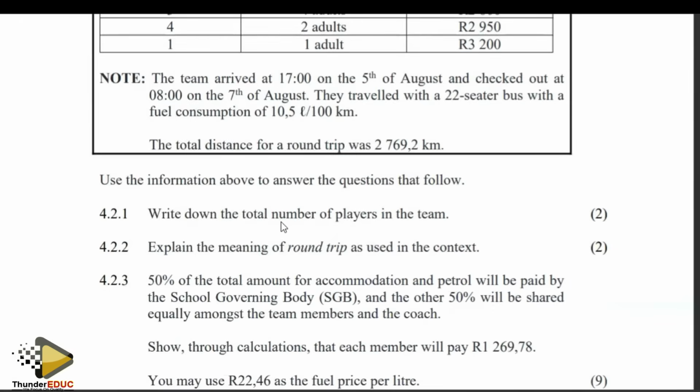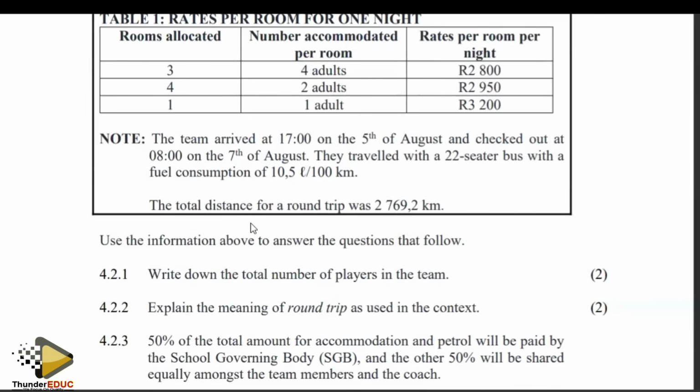Write down the total number of players. Now, the total number of players, here we go. We have to look at this. Three times 4, then this times 2, plus 1 times 1, which is 12 plus 8.